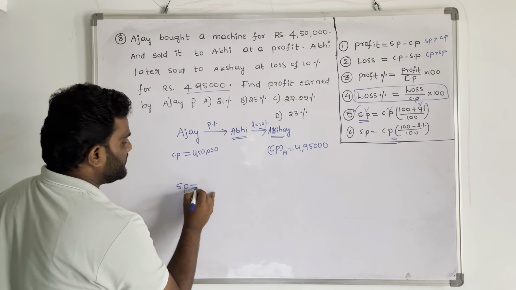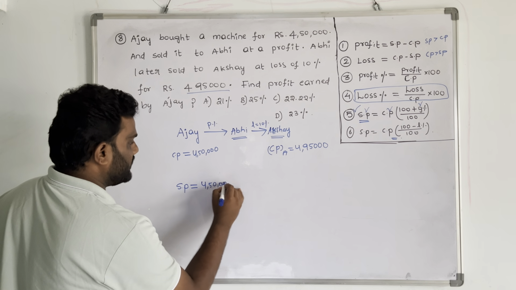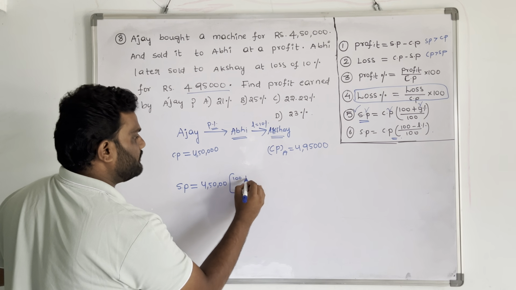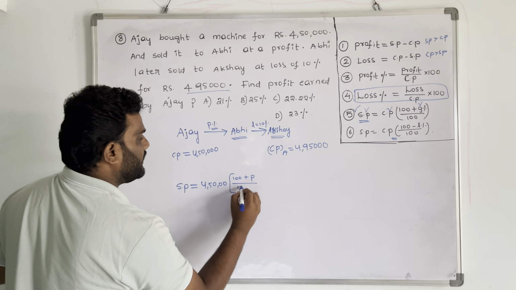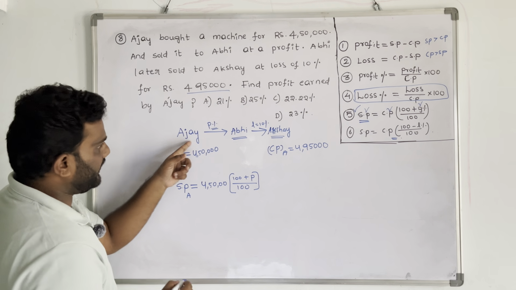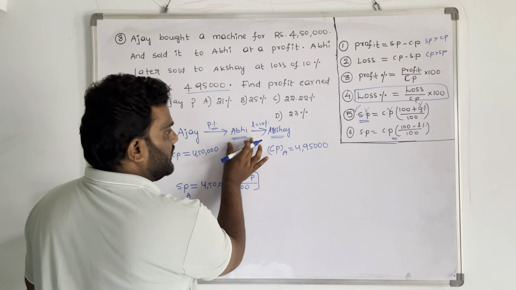So selling price is equal to cost price 4,50,000 and profit percentage is given, that is P percentage, 100 plus P by 100. Okay, this is the selling price for Ajay. Now this will become cost price to Abhi, right?